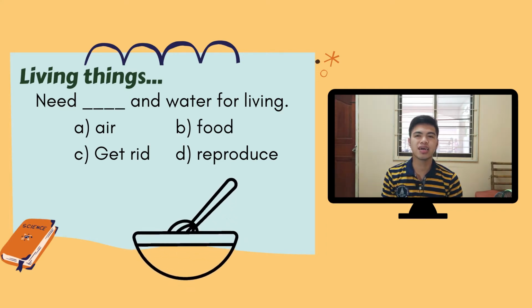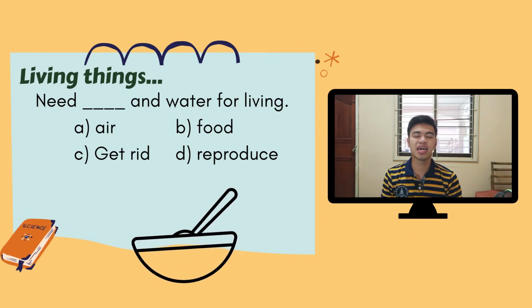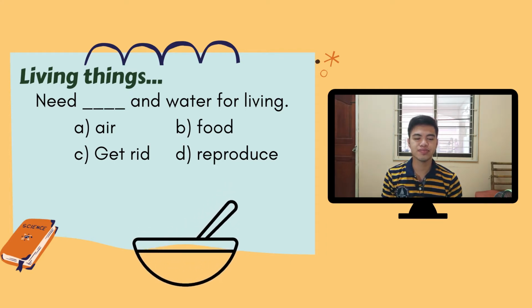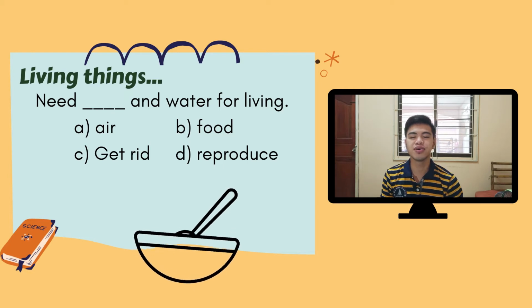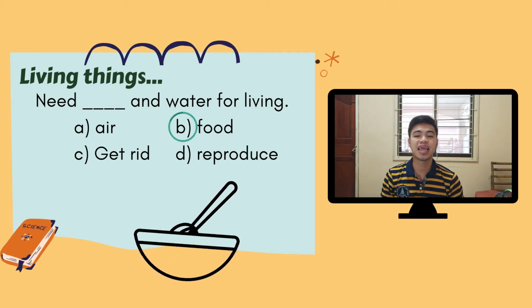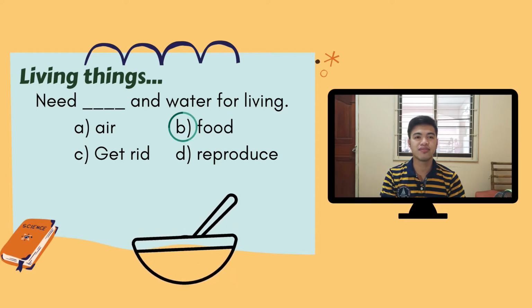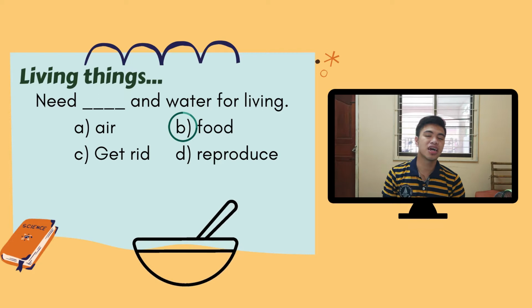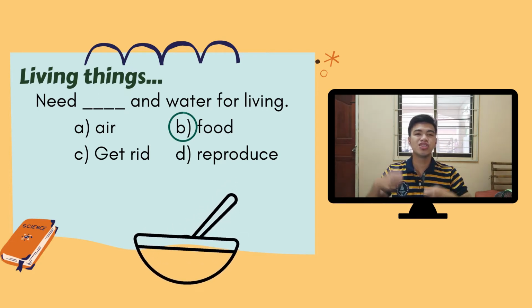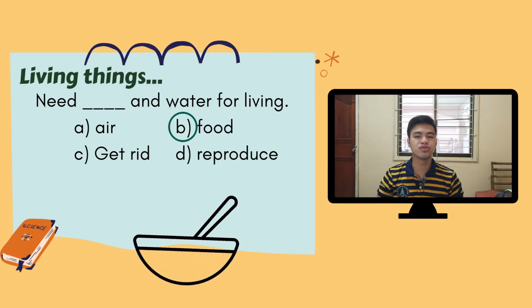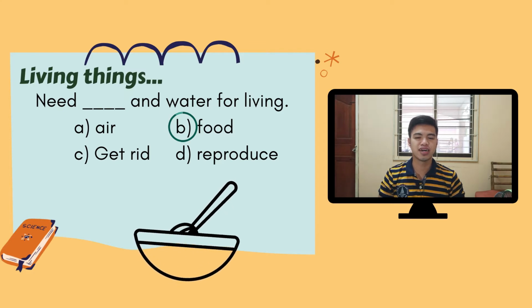What do you think do we need aside from water? Very good. The correct answer is letter B. We need food and water for living. Living things need food and water for living. We need to eat food in order to be stronger. Okay.